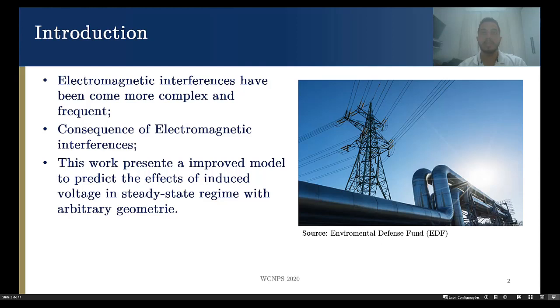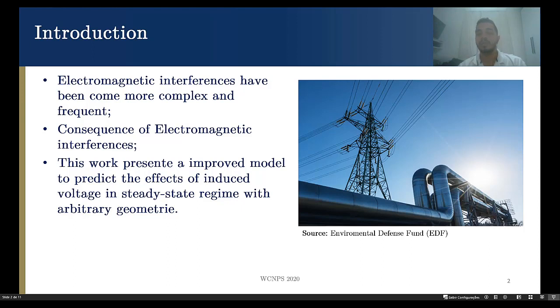This work presents an improved model to predict the effects of induced voltage in steady-state regime with arbitrary geometry composed of obliquities, crossings, and parallelisms. Similar studies using MTP techniques have been reported in the literature.